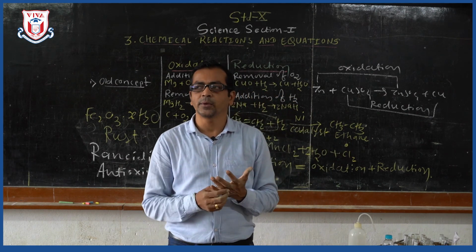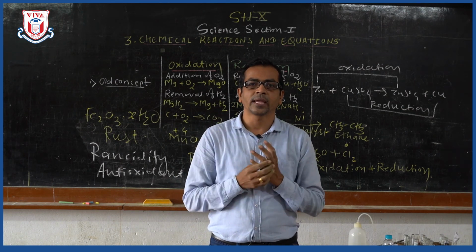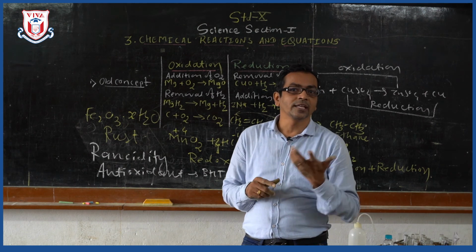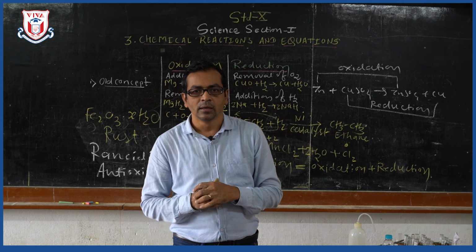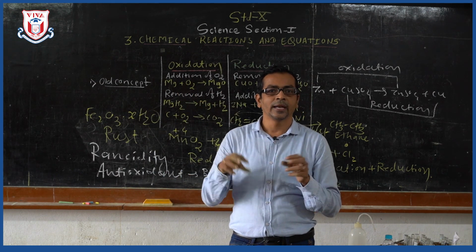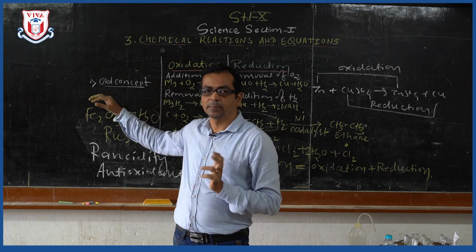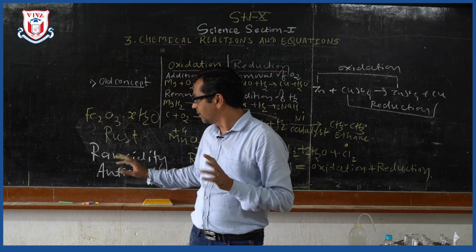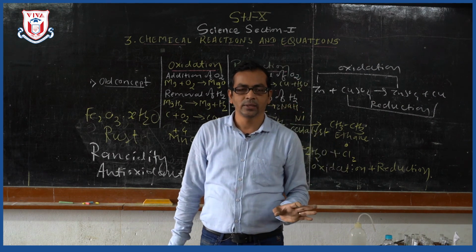The next part was the types of chemical reactions, then the factors affecting chemical reactions, and the last part was oxidation, reduction, redox reactions, and the concept of corrosion and how to prevent it, and lastly rancidity and how to prevent rancidity.